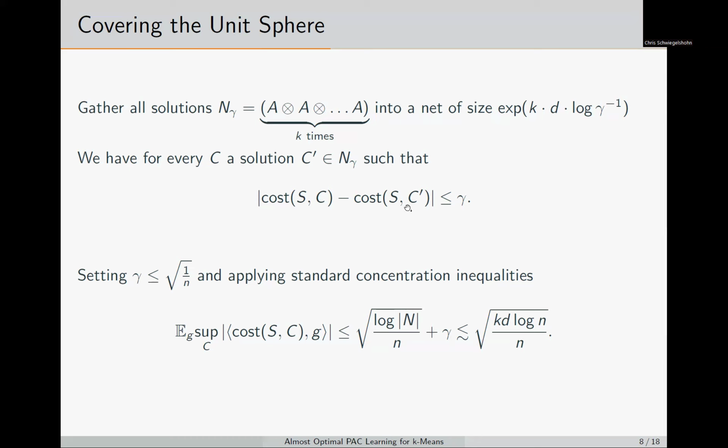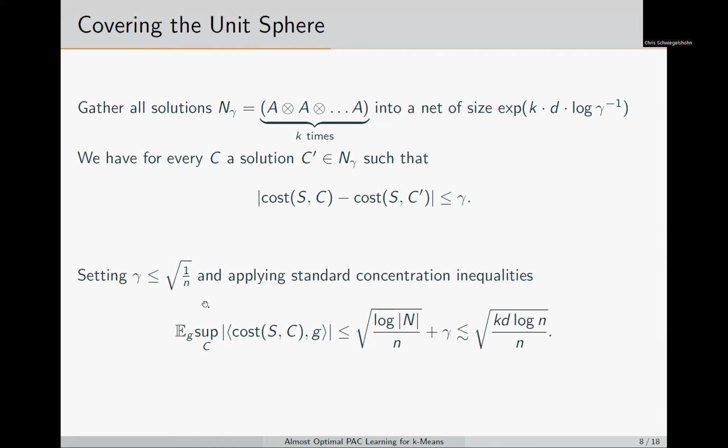Now for every candidate solution, we know that it is represented by some solution C prime, where the difference in cost is at most gamma. Now you can set gamma any way that you want and apply a union bound over all possible candidate solutions in your net. This gives you a square root log of net size over n, because the variance is constant, plus this loss in the discretization, plus this loss gamma here.